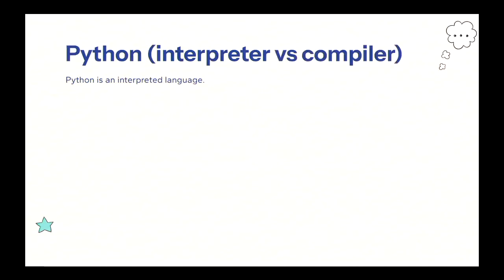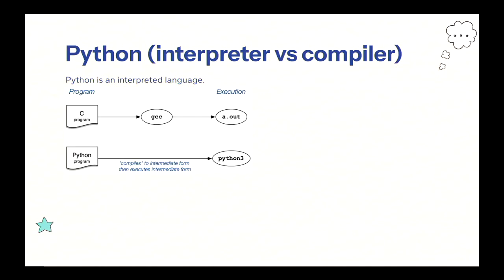So Python is an interpreted language. Do you know what's the difference between an interpreter and a compiler? C language is a compiled language in contrast.